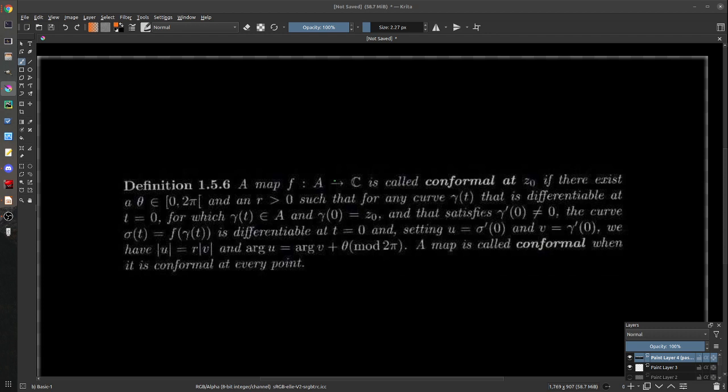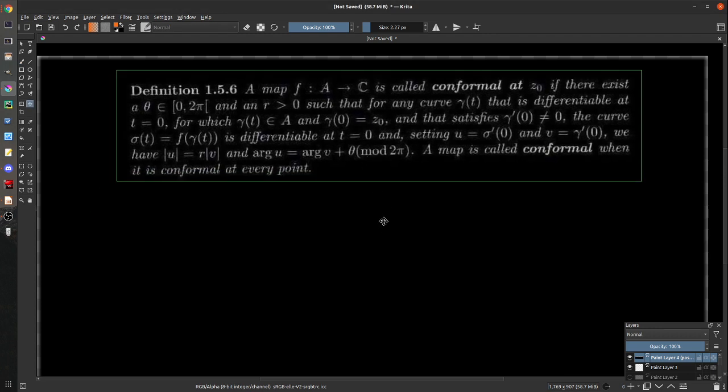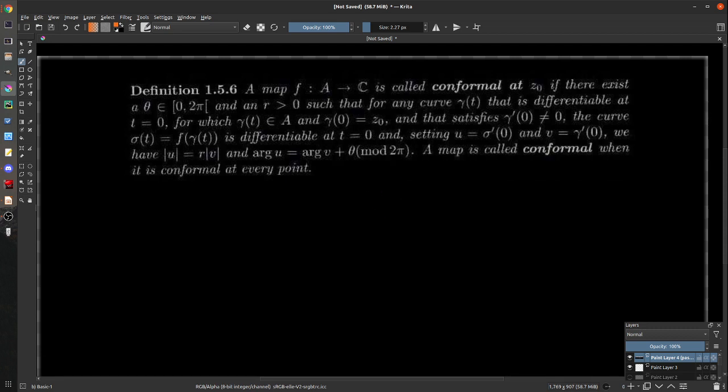here's the definition to be precise. A map f from A to C is called conformal at z0 if there's an angle theta in 0 to 2 pi and an r greater than 0, such that for any curve gamma of t that is differentiable at t equals 0, and for which gamma of t is in A and gamma of 0 is z0, and satisfies gamma prime of 0 is non-zero, then the curve sigma of t given by f of gamma of t is differentiable at t equals 0.